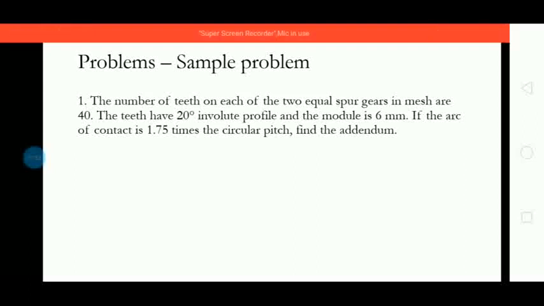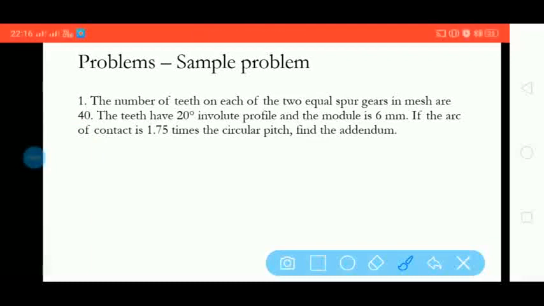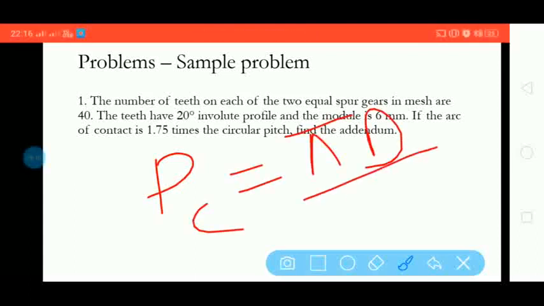Okay, where we stopped: module, and so you got capital R and small r equal to 120 mm. The next sentence: arc of contact is 1.75 times circular pitch. So you can write arc of contact equal to 1.75 into PC. And what is PC? PC equal to pi d by t, right?